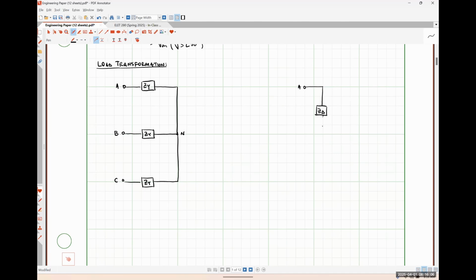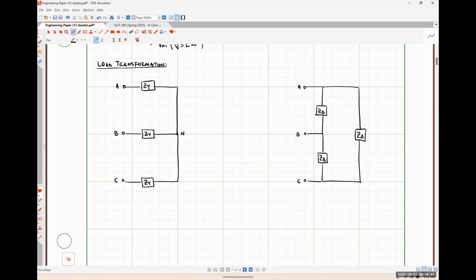And let's say that they're all balanced so that every one of these impedances is going to look like Z delta. Like so.